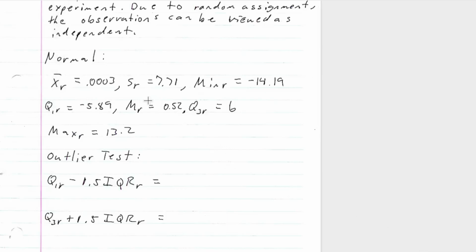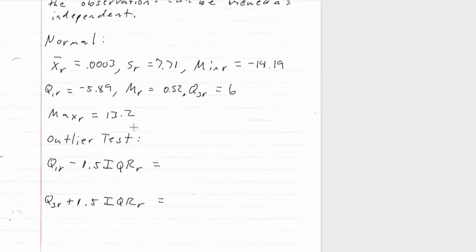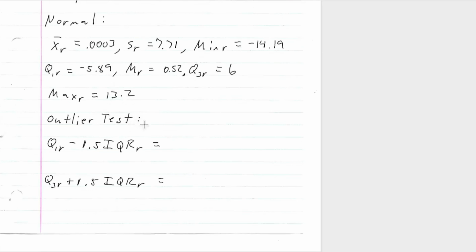Okay, as you can see, I filled out the information here. So let's go ahead and go to our outlier test. So Q1 for the residuals is negative 5.89. It's going to be minus 1.5 times 6 minus negative 5.89. And that's going to give us a negative 23.7, which is less than our minimum for our residuals, right?